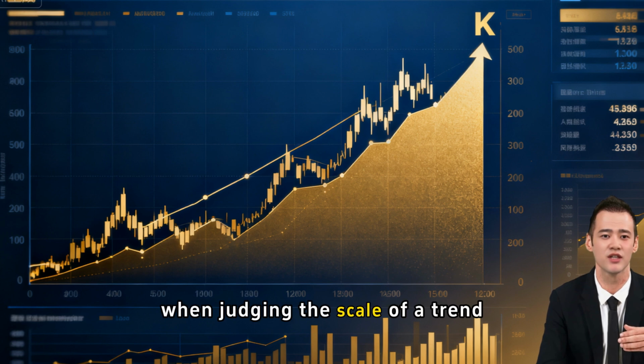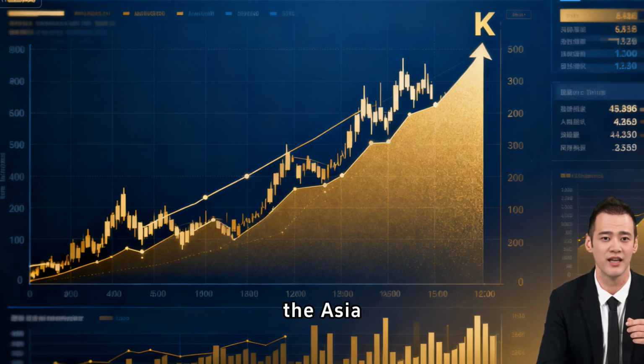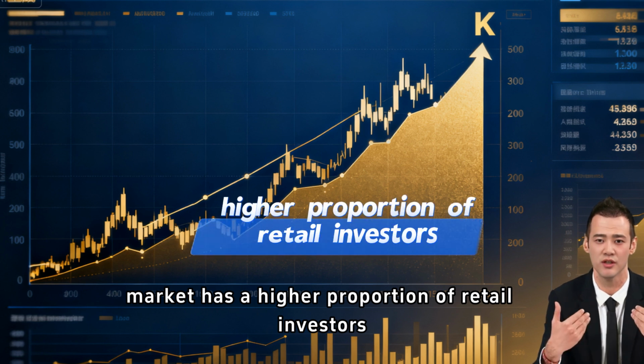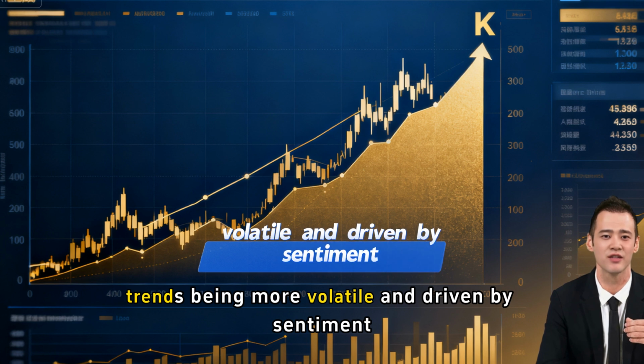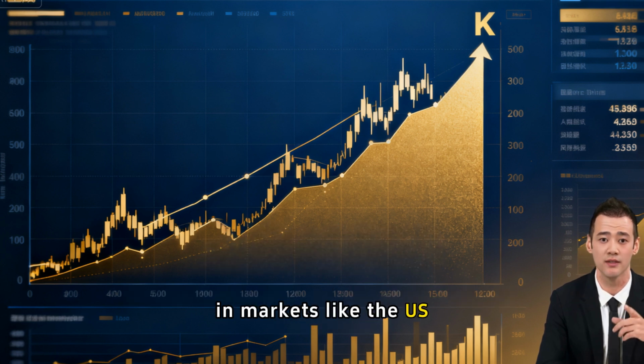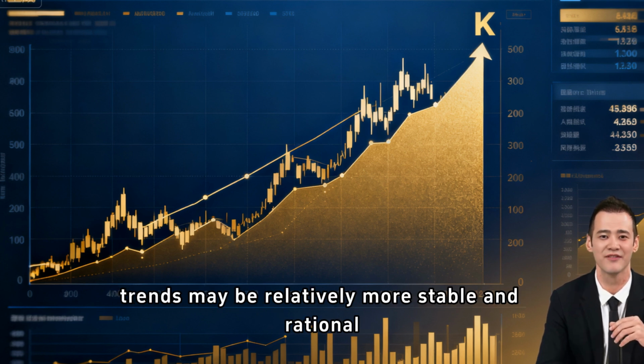Furthermore, when judging the scale of a trend, consider the investor composition. The A-share market has a higher proportion of retail investors, which can lead to trends being more volatile and driven by sentiment. In markets like the US, with a higher concentration of institutional investors, trends may be relatively more stable and rational.